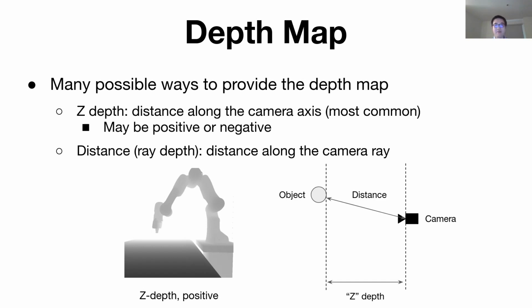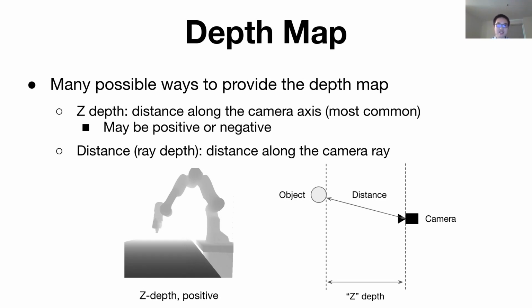In fact, there are many possible ways to provide the depth map. Two common ways are the z-depths and the ray depths. Here, the z-depths means the distance along the camera axis. And this is actually the most common representation of the depth map. And the z-depths may be positive or negative. The other representation is the distance or the ray depth, which is mostly used in ray tracers.